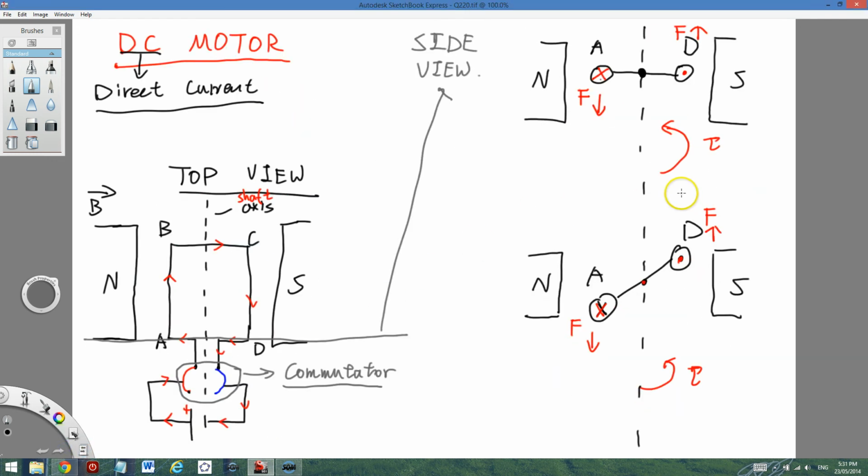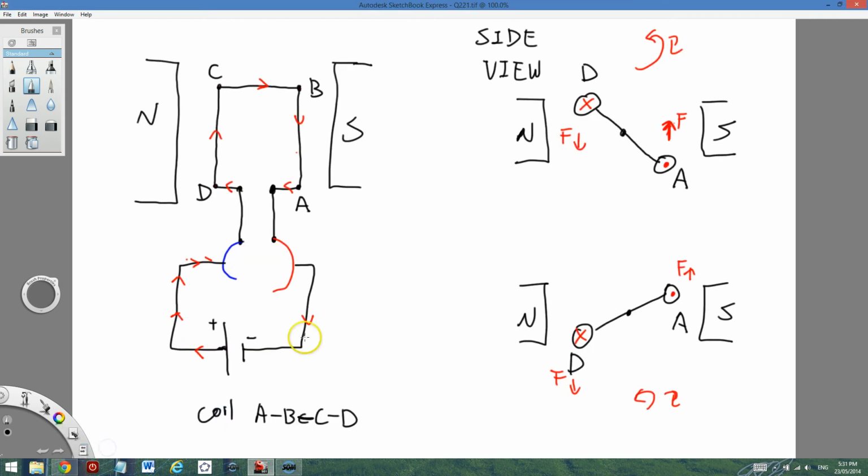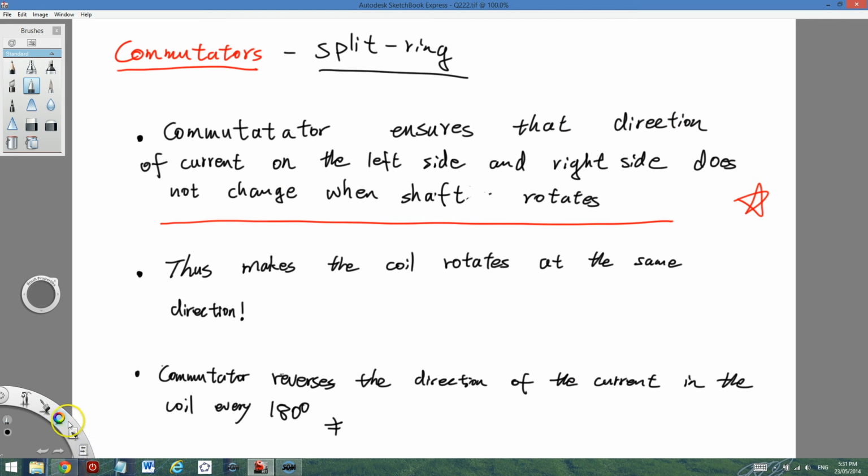If you look at this picture, the current flows from A, B, C, D. After it switched sides, after it turned 180 degrees, the current flows from D, C, B, A. So just write these three things down. You get three marks.